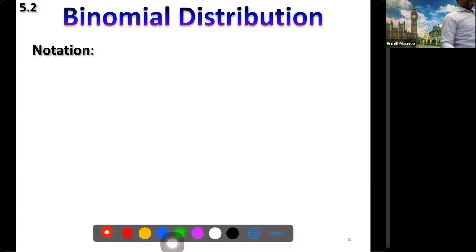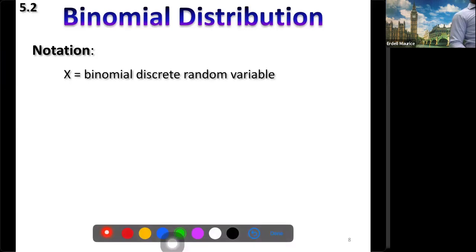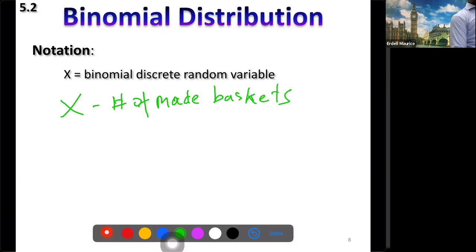Now let me write this down for us right here. Say for example, X is the number of baskets made. Number of made baskets. Then we write this right here.